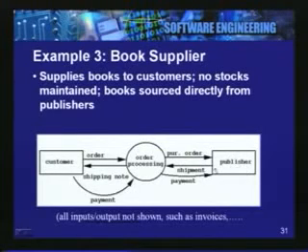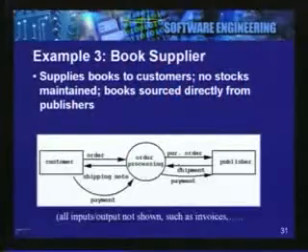Publisher would send us the books, and along with the books we will also receive the shipment details, what books and in which quantity they have been sent to us, and naturally we will have to make a payment to the publisher. So the context diagram here identifies the important entities and important inputs and outputs from these entities. This is the context diagram. Now we will decompose this in more detail and in successive levels.